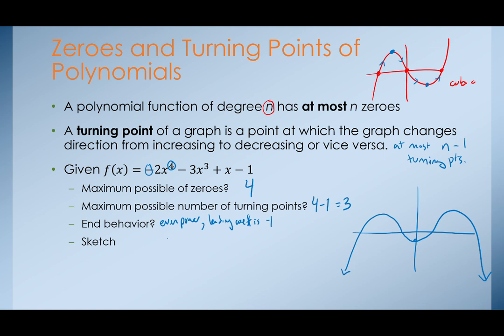So for our end behavior, we write: as x goes to negative infinity, f of x goes to negative infinity, because as we go this way, we're going down. And as x goes to positive infinity, f of x is also still going to negative infinity. So there we have our sketch, and we're going to do a few more examples, and that's going to wrap up this section.